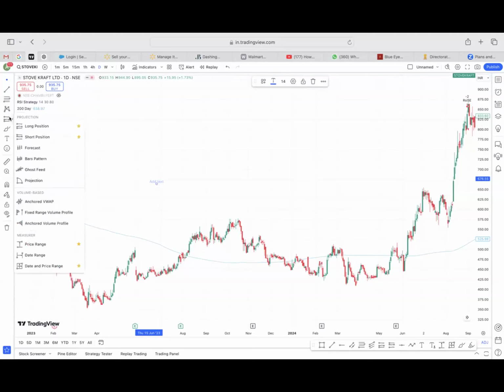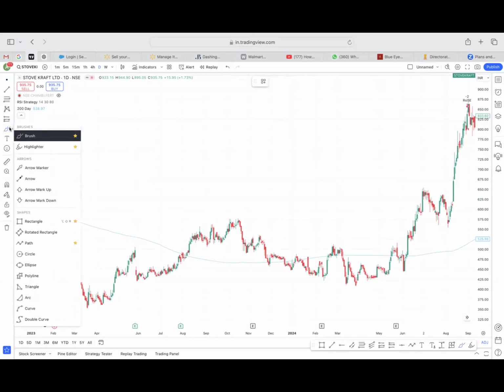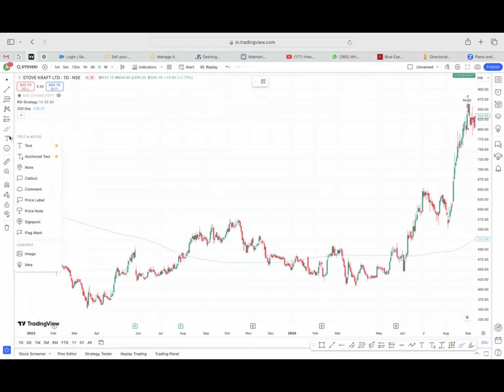In the fifth one, long position, short position, price range, date and price range. Then in brush, we'll need brush, highlighter, rectangle, and path. In text, you can mark text and anchor text. If you want to use other tools, you can use them anytime. Is everybody on the same line? Yes.